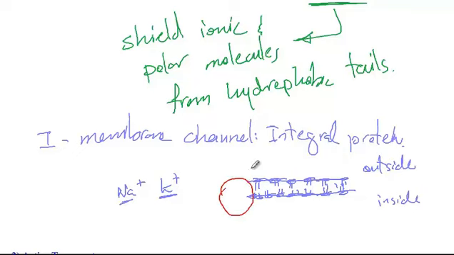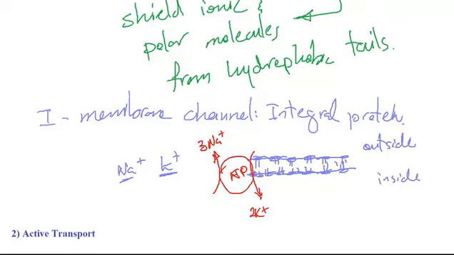The cells have a carrier protein, which we will discuss next, that transports 3 sodium outside the cell in exchange for 2 potassium. This type of transport uses ATP because it transports sodium and potassium against their concentration gradient. That active transport uses ATP in order to transport molecules against their concentration gradient. But anyway, back to the topic here. So there would be a high concentration of potassium inside the cell and a high concentration of sodium outside the cell.